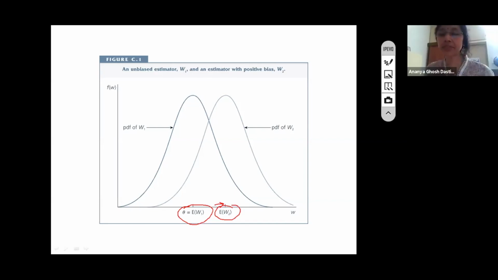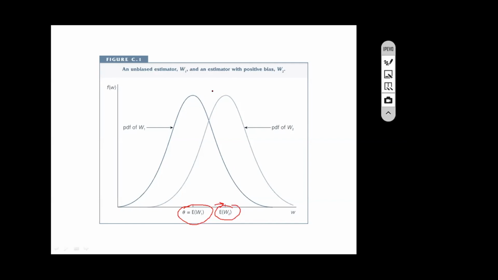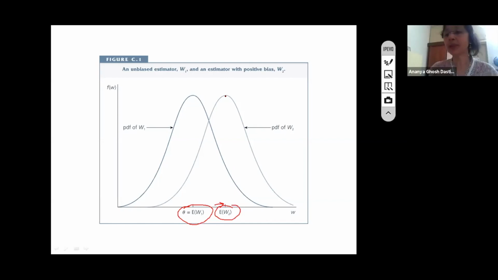So basically, if you're using W1, then you're going to get an unbiased estimate of theta. I hope you understand what unbiasedness means.